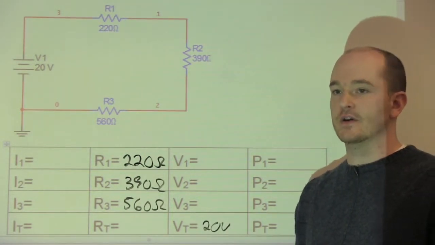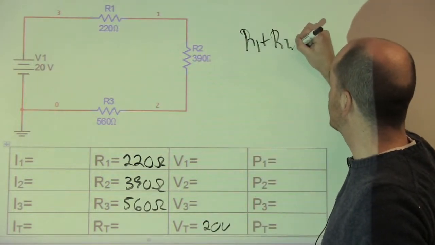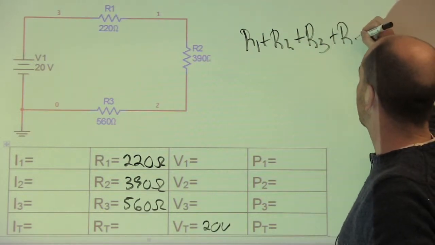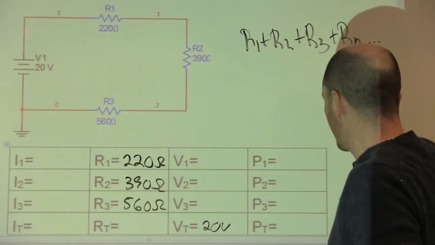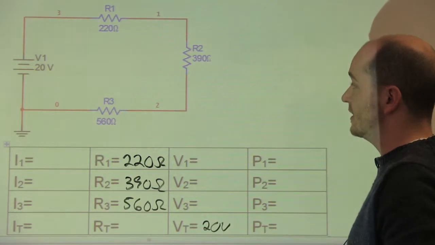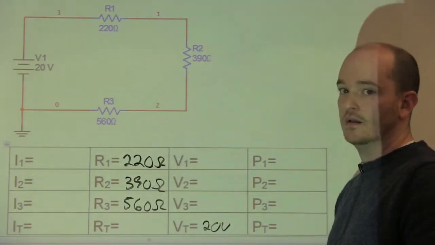And that's very, very simple. It's basically R1 plus R2 plus R3 plus however many resistors there are after that point. In this case, this is a three resistor series circuit. So we're basically going to come through and add all of these up.